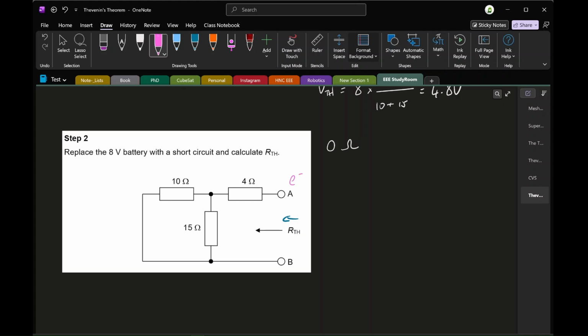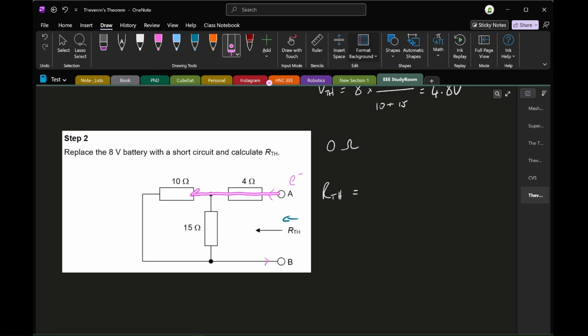The way that I like to teach this particular fact is if we think about what an electron would do if it was traveling from terminal A around to B. Well, we can simply consider that as being the series resistance here, 4, plus then the split between the 10 ohm and the 15 ohm. So the current moving from A to B is going to get to this node.